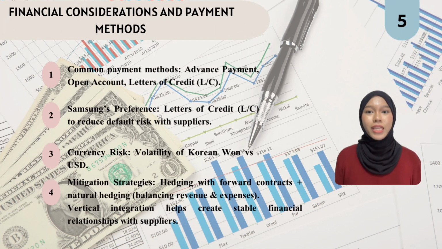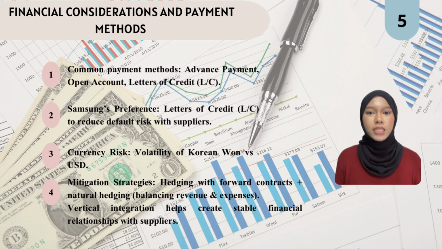Financial management in import-export is quite complex. Common payment methods include advance payment, open account, and letter of credit. Samsung prefers using letters of credit, especially when dealing with new or smaller suppliers, because it reduces the risk of default. They also face currency fluctuation risk, for example, the volatility of the Korean won against the US dollar.